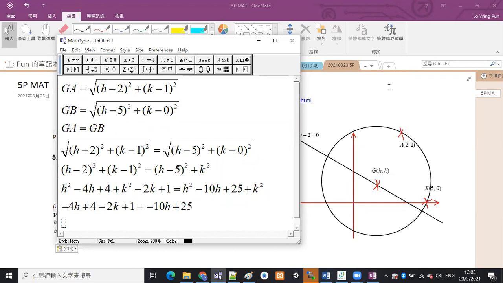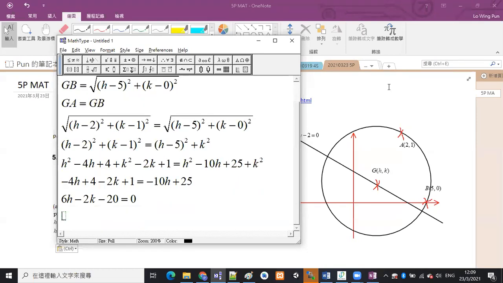Okay, and then you move all the terms to the left-hand side. We have 6h minus 2k, and then minus 20 equals 0. You notice that all the numbers are even numbers, so we divide every term by 2. So we have 3h minus k minus 10 equals 0, and that is our equation 2.